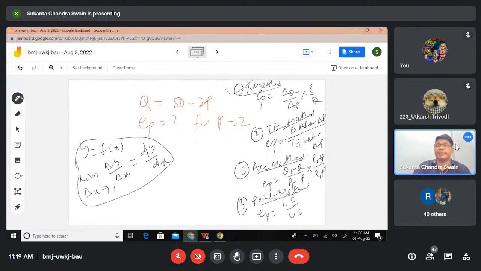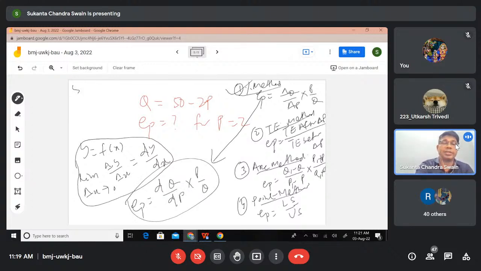It means this formula can be converted to a mathematical formula: EP is equal to derivative of Q with respect to P into P by Q. So this is the last method, the fifth method, that is the differentiation method.